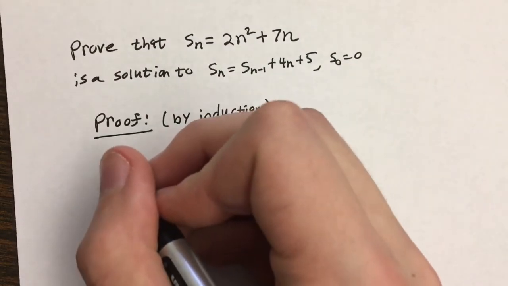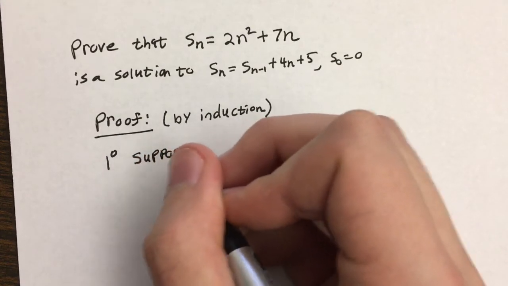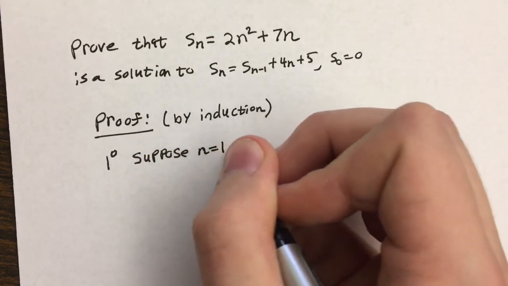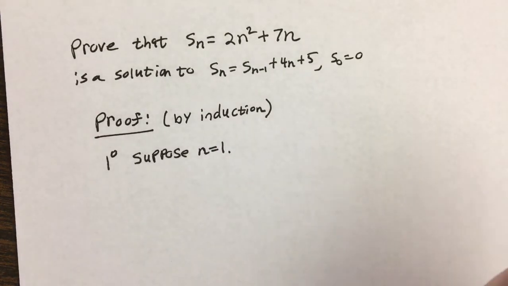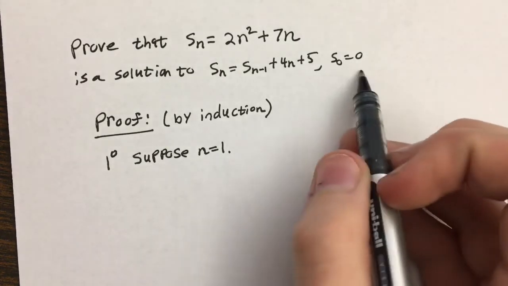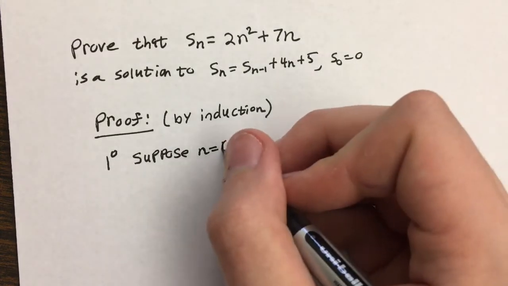And so the first case we want to consider, we want to say suppose n equals 1. Or sorry, that's a habit I fall into because normally we start proof by induction with the first case, but in this case our first term is 0. So actually starting with the 0th case. Suppose n equals 0.